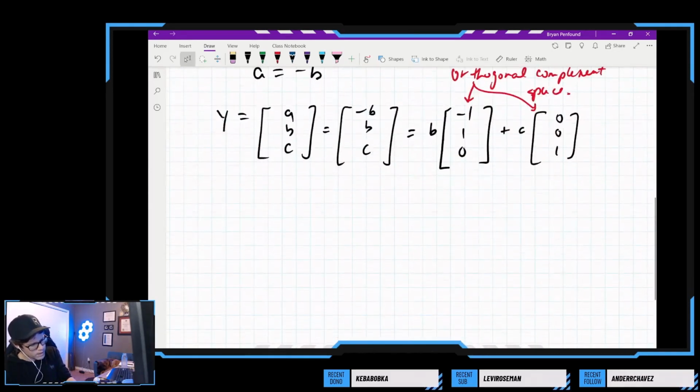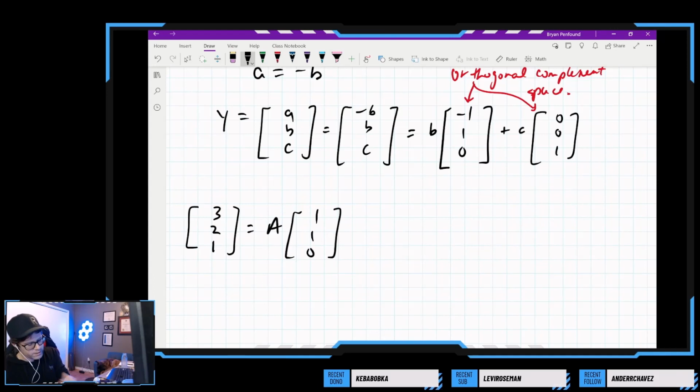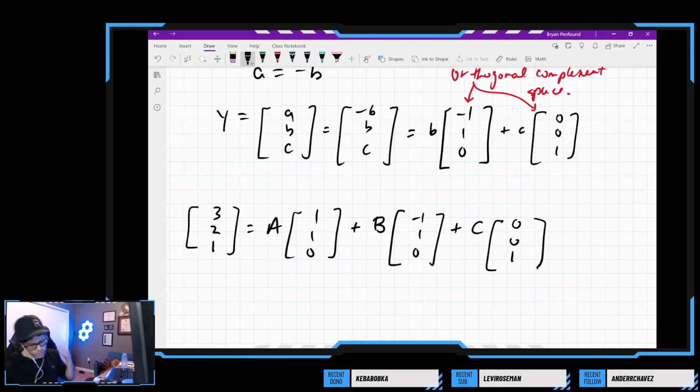So let's try to write 3, 2, 1 as a combination. Let's take capital A times 1, 1, 0, the basis vector in the first span. And then we need capital B times the first basis vector in the orthogonal complement, and capital C times the second vector inside the orthogonal complement.